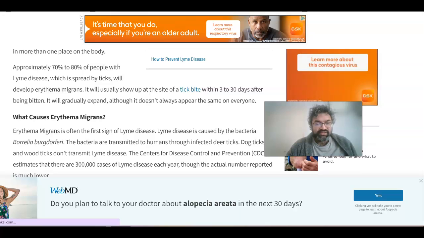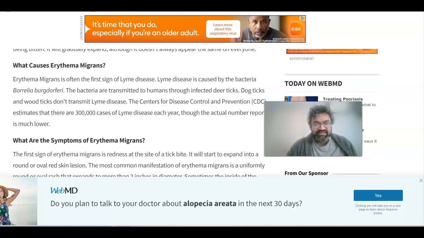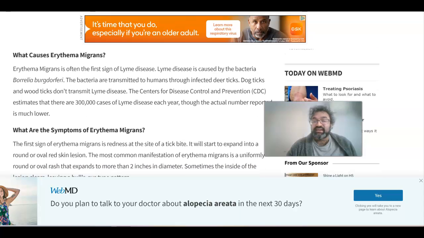The bacteria are transmitted to humans through infected deer ticks. I've seen these ticks before, and the name of the bacteria is Borrelia burgdorferi. That's the causative agent. In humans, the effect is Erythema migrans, or the contraction of Lyme disease.